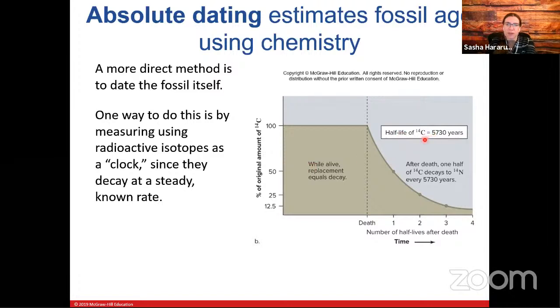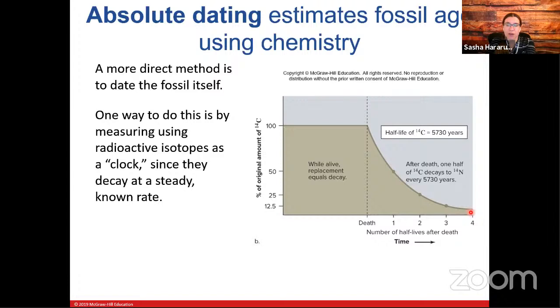Carbon 14 decays exponentially. While an organism is alive, its carbon 14 content remains constant. But after an organism dies, the carbon 14 content begins to decline.